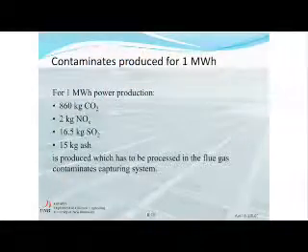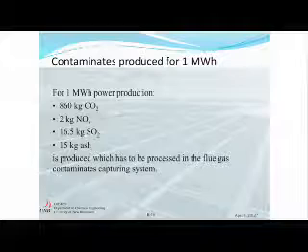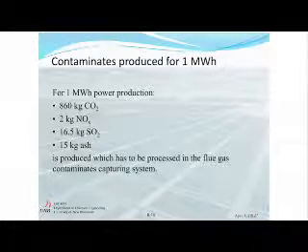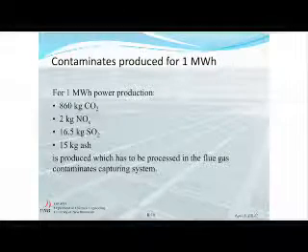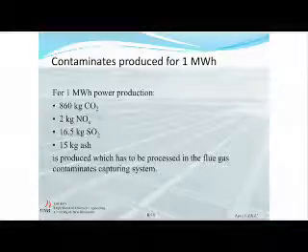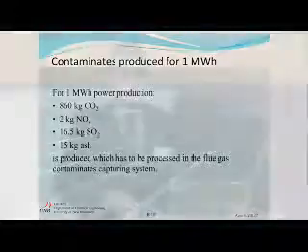So as I explained, these are the contaminants that are produced in the power plant by the power generation. And we estimated that for 1 megawatt hour of power production, 860 kilograms of CO2 will be produced, 2 kilograms of nitrogen oxides, 16 kilograms of sulfur dioxide, and 15 kilograms of ash, which have to be treated before sending back to the environment.